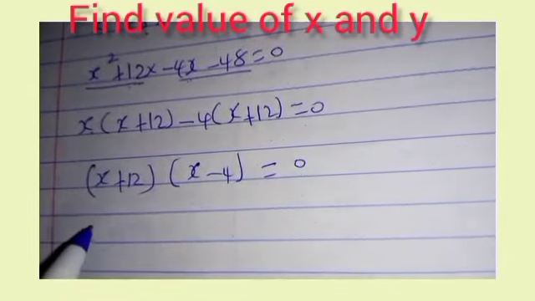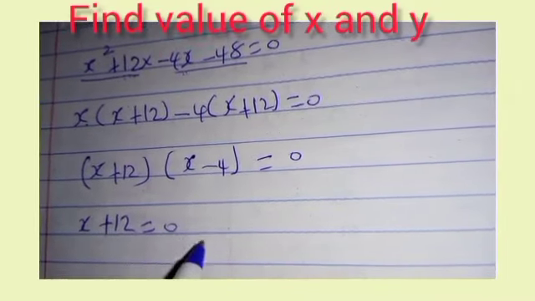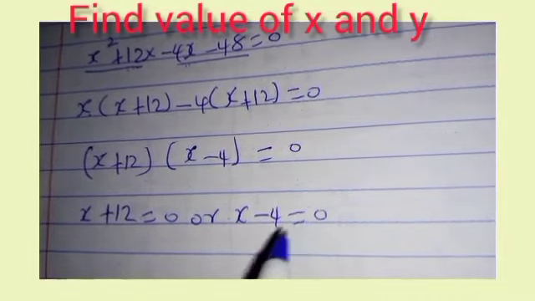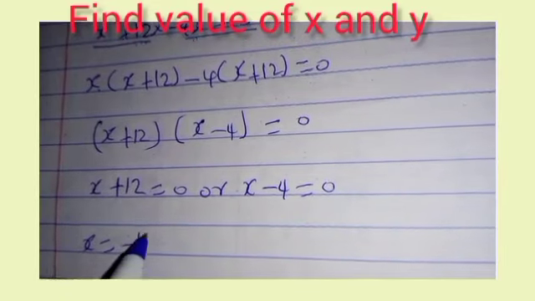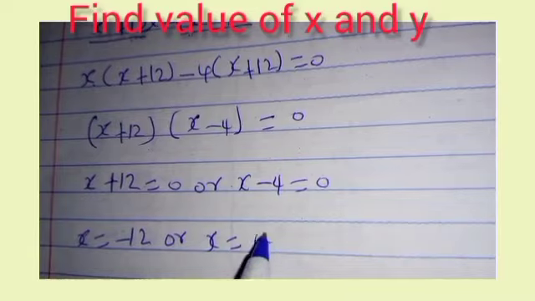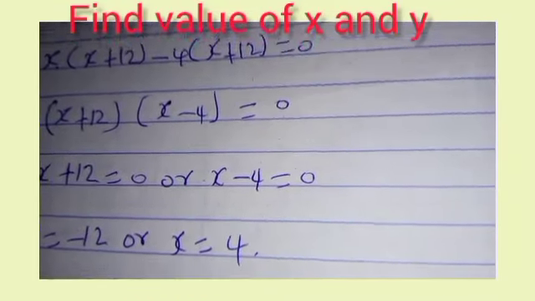So this tells you that x plus 12 is equal to 0, or x minus 4 is equal to 0. So x is equal to negative 12, or x is equal to 4. So we have solved for the value of x in that case.